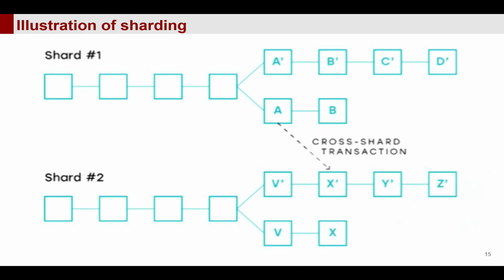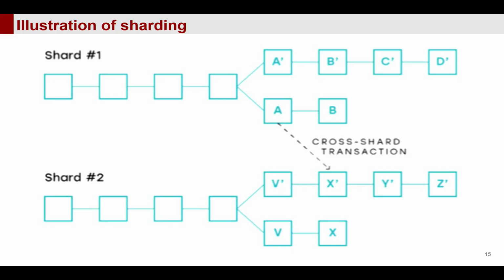Because it's like a separate blockchain. And then we can have a cross-shard transaction. A cross-shard transaction would be like me transferring some funds to Dr. Moody. This transaction would need to result in subtracting my balance and adding to the balance of Dr. Moody, right? So it affects the state of both shards. Cross-shard transactions are much more expensive to implement in a sharding system compared to intra-shard transactions within the same shard.